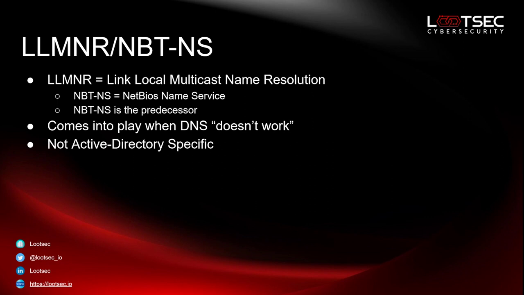So if you request a name of a system and the DNS record isn't there, then the computer will send out a multicast packet and say, hey, does anybody know what this domain name is? And that's when LLMNR happens. So it's kind of like DNS, but local. And none of these protocols are Active Directory specific. They're just protocols that Active Directory happens to use.